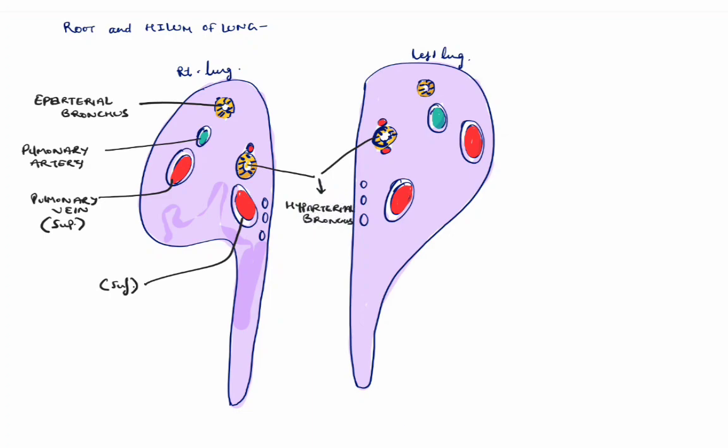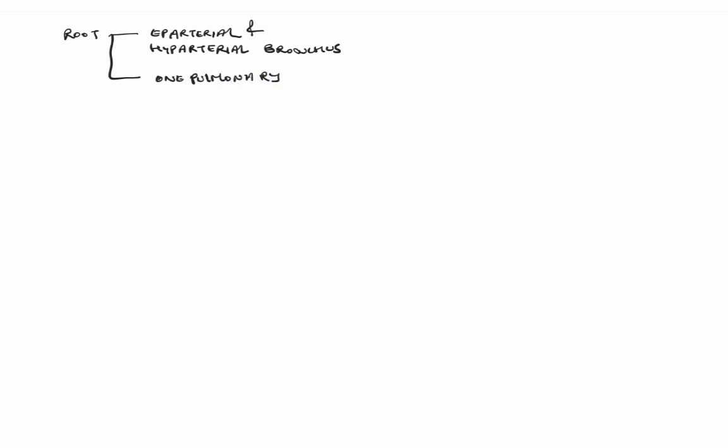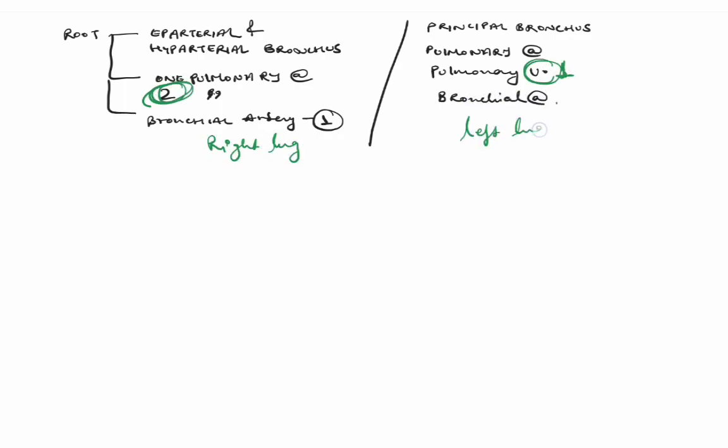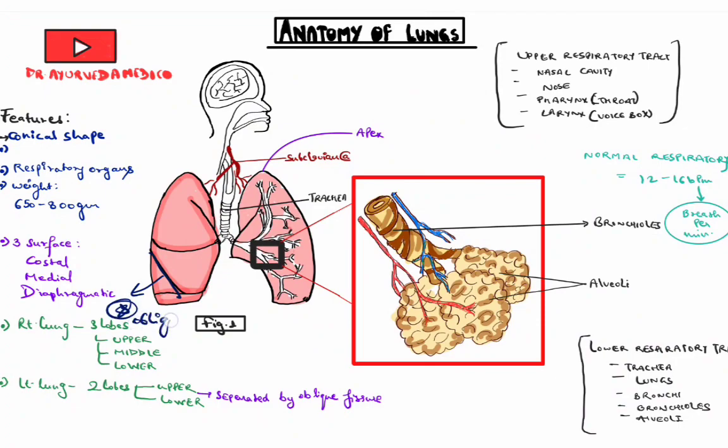It contains, as you can see, this pulmonary ligament. So the hilum of the lung is the entrance and the root is the contents, in easy language to understand. Then the root contains eparterial and hyparterial bronchus, one pulmonary artery, two pulmonary arteries, bronchial artery on the right side, and the one pulmonary vein on the left side. So this is the difference.